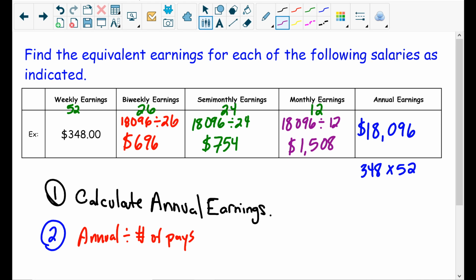So use whatever they give us, multiply by the number of checks to get the annual, and then divide that annual salary by the number of checks.